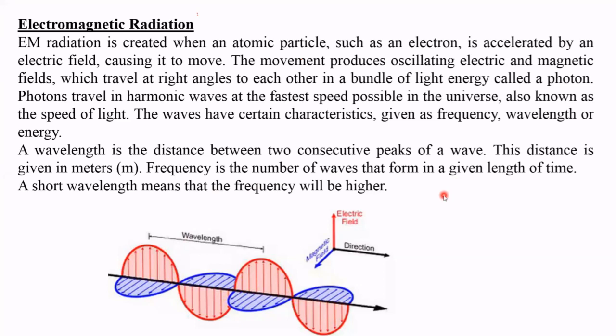This frequency and wavelength describe the energy level and penetration level of the radiation. The main parameters are frequency and wavelength; those two decide the level of energy of the light.